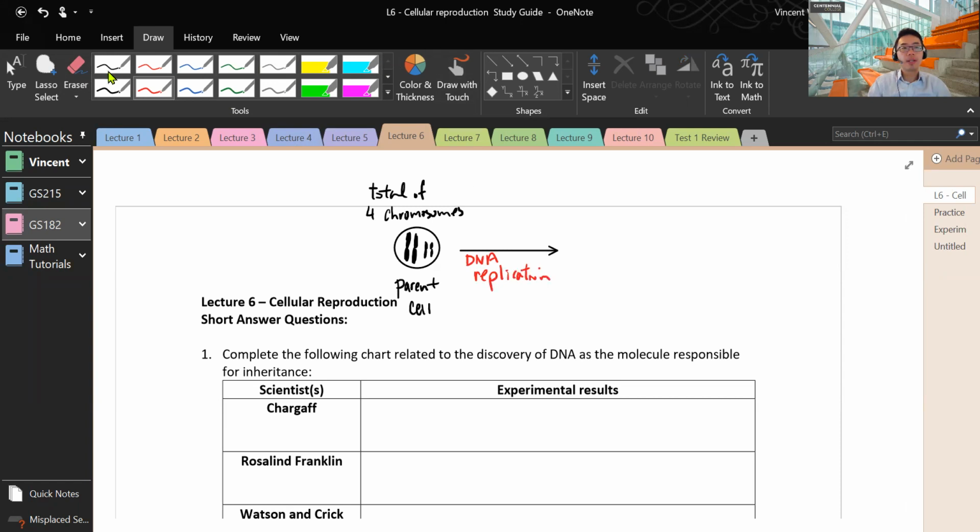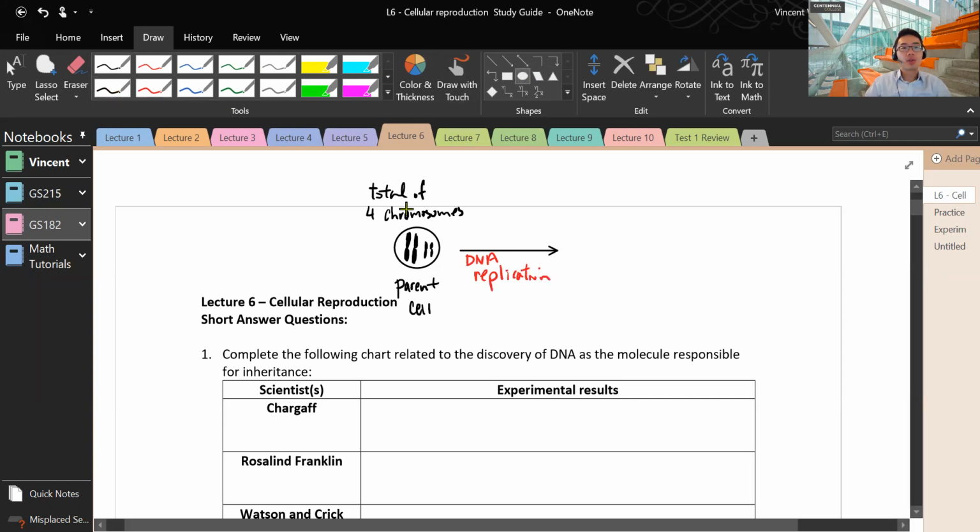In DNA replication, the cell is going to copy all of these chromosomes. I'm just going to draw a little bit bigger so it's more clear. So this chromosome, you're going to have an exact copy. This chromosome, we're going to have an exact copy. And same thing for the smaller one.